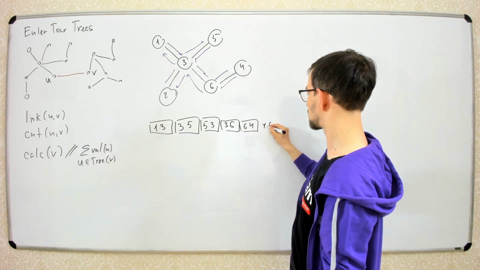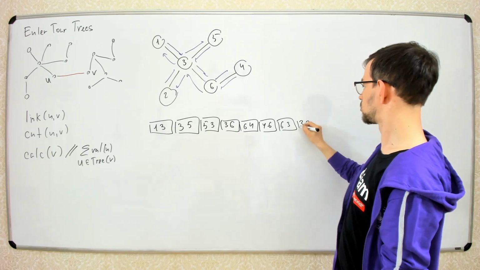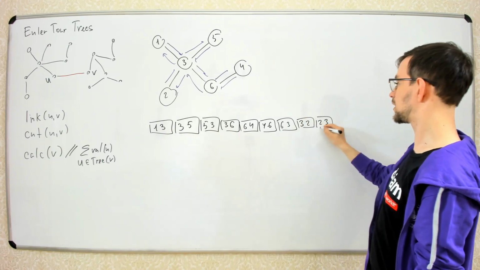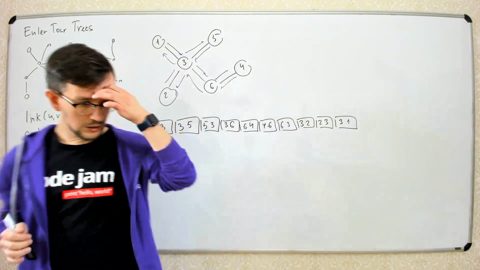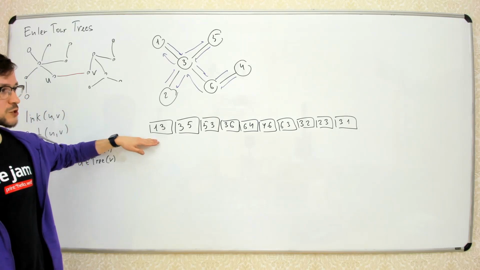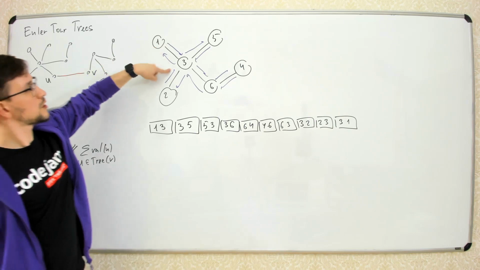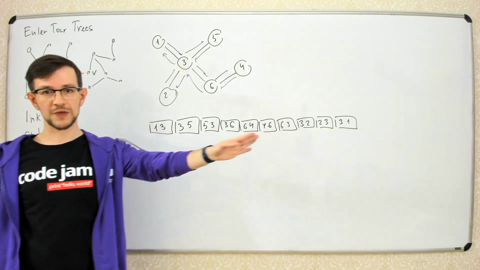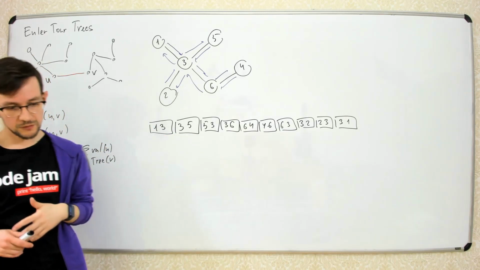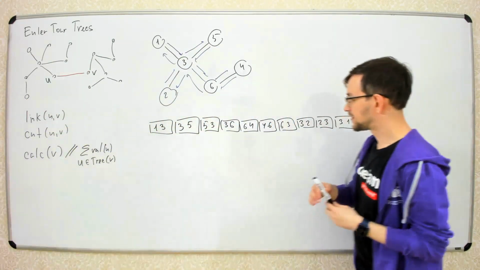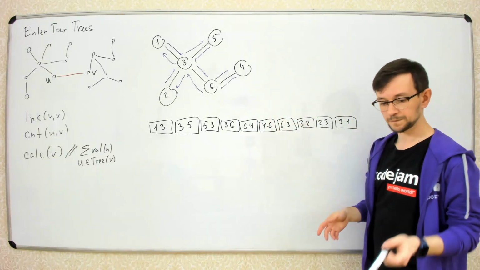Then go back, then go back to 3. Then 3, 2. Then back to 3, and then 3, 1. So this is the sequence of edges we visited when we perform the Euler Tour of this graph. That's basically the representation of this tree that we will use in our data structure.